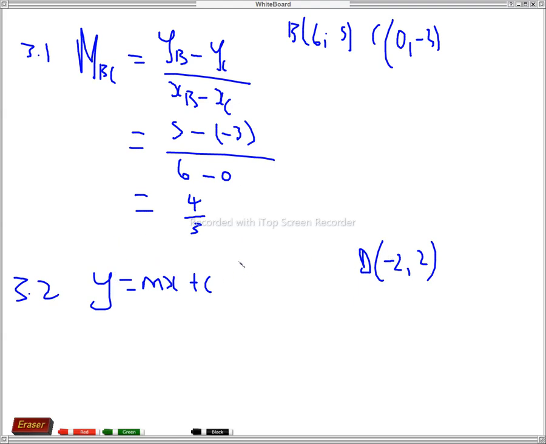Moving forward, I'm just going to substitute my values. You still remember the gradient of BC.